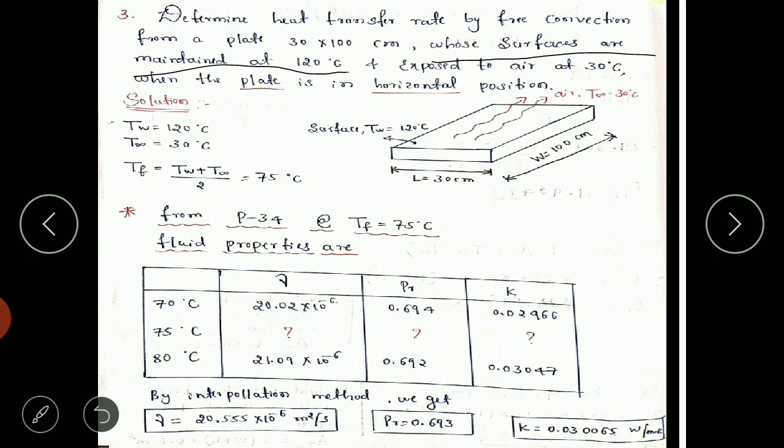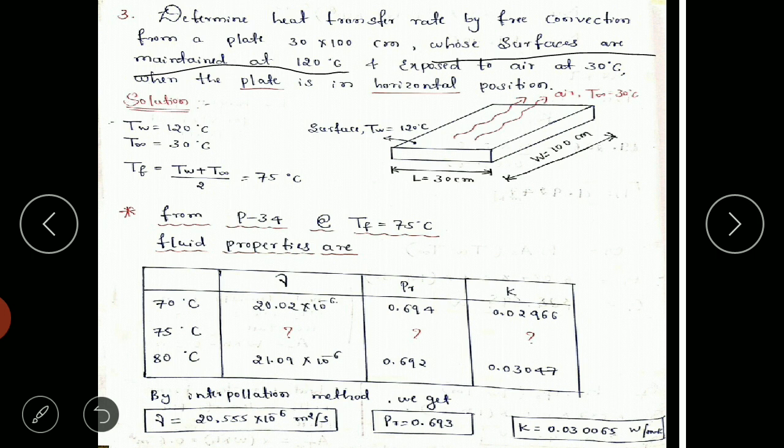There is another category of problems where we consider the plate to have constant heat flux, but such types of problems are not there in the syllabus. So we will only be considering surfaces with a constant wall temperature. Okay, let's continue with the problem.